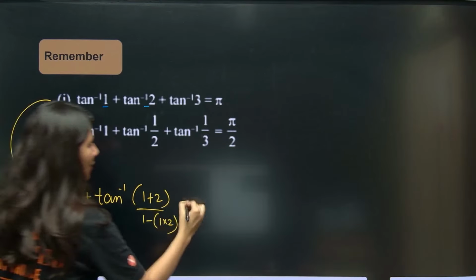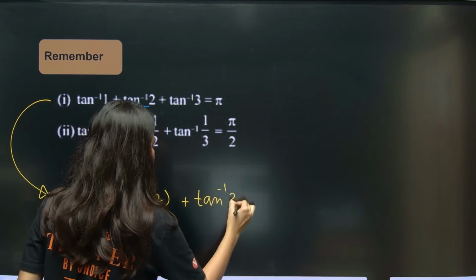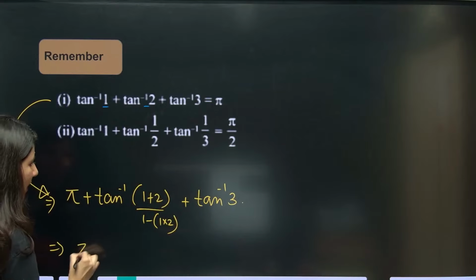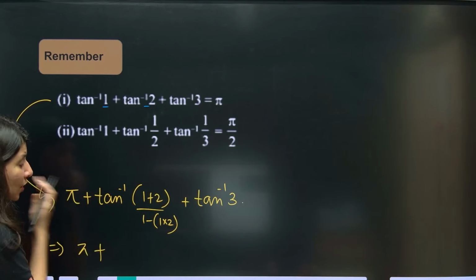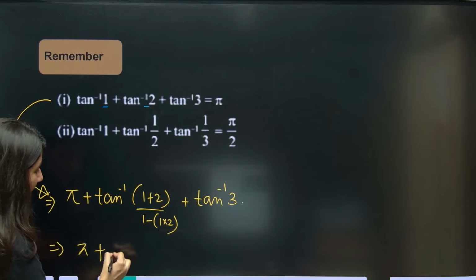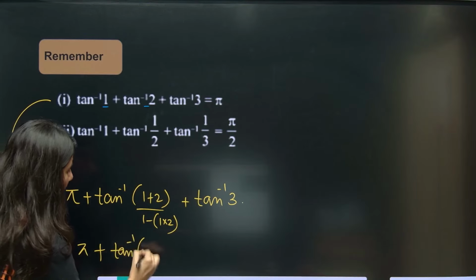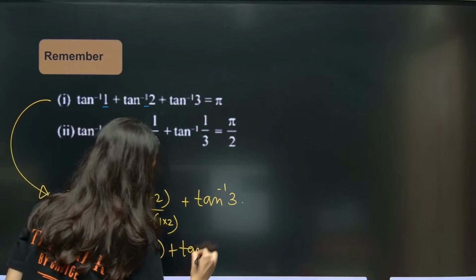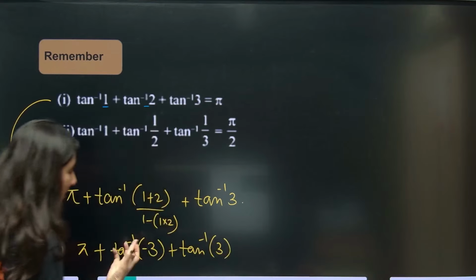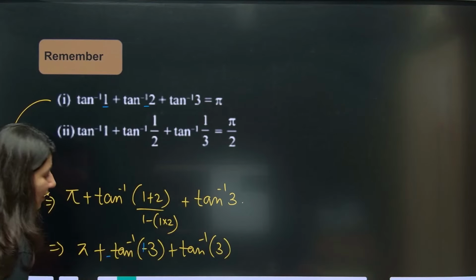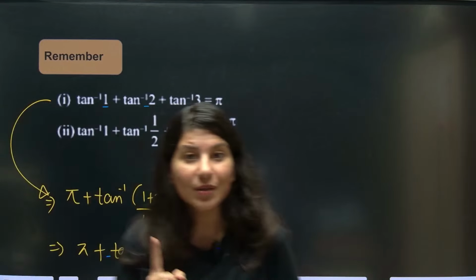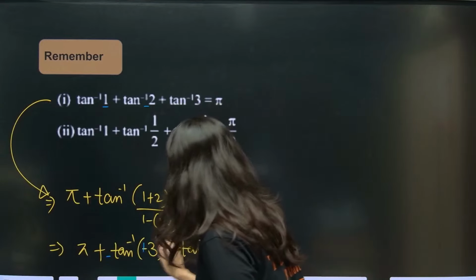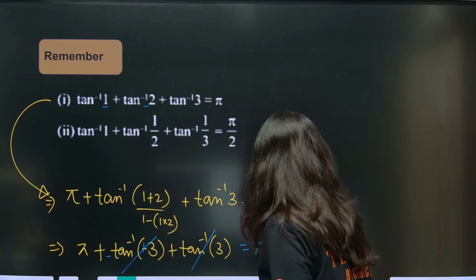Plus tan inverse 3 was right here. So this is pi plus tan inverse minus 3, and this is plus tan inverse 3. And tan inverse minus something is minus tan inverse something. Remember property number 1. So minus tan inverse 3 plus tan inverse 3 cancel. This is going to be pi.